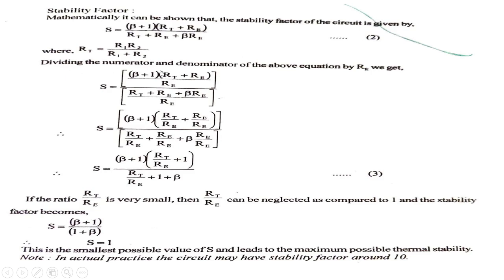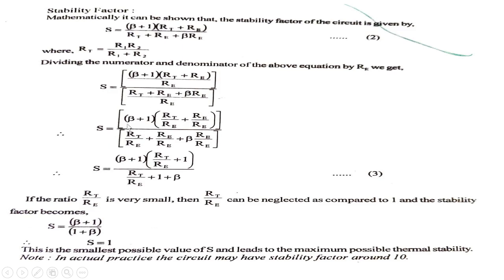Dividing the numerator and denominator of the above equation by RE, we get S equals beta plus 1 into R_T plus RE upon R_T plus RE plus beta RE upon RE.